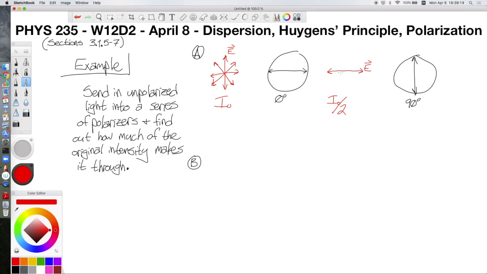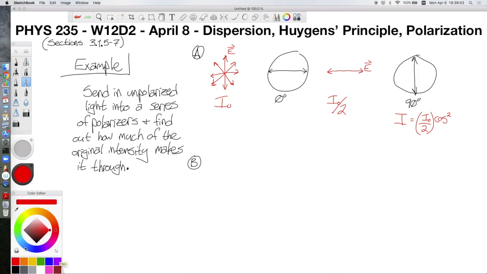And now this electric field, this polarized light, is going to pass into our second polarizer. So our new intensity here at the end is going to be the intensity that comes into the polarizer, which is I0 divided by 2, times the cosine squared of the angle between the polarized light and the polarizer axis.